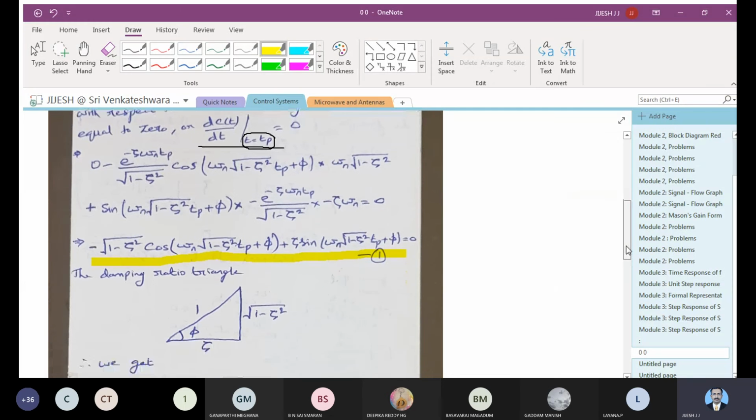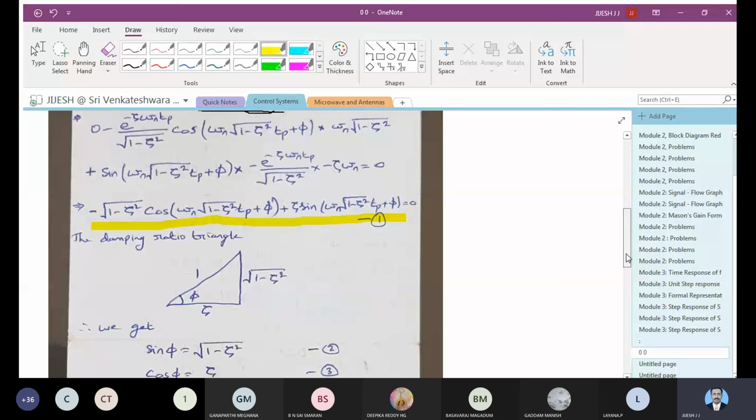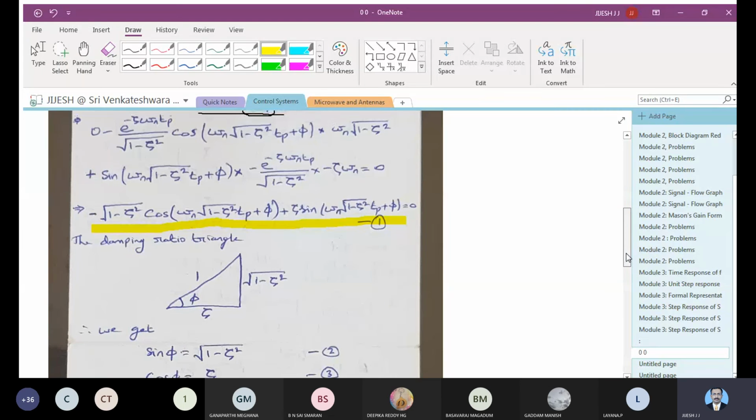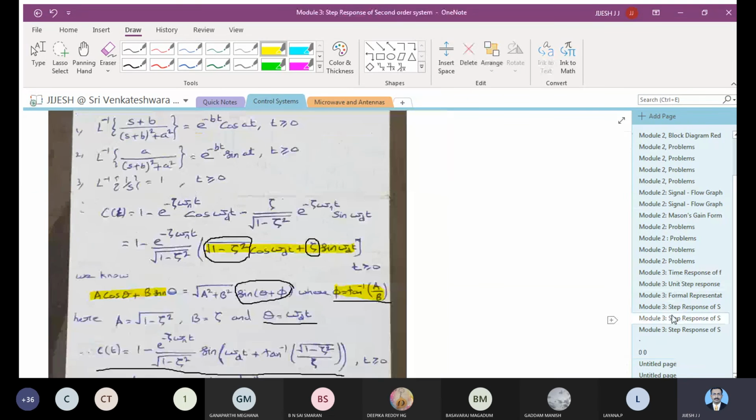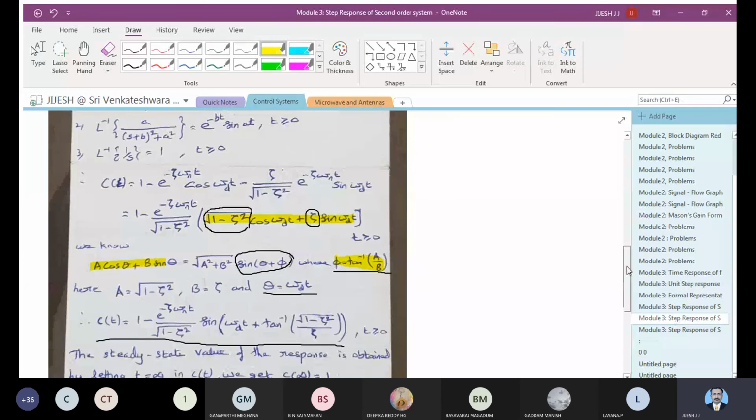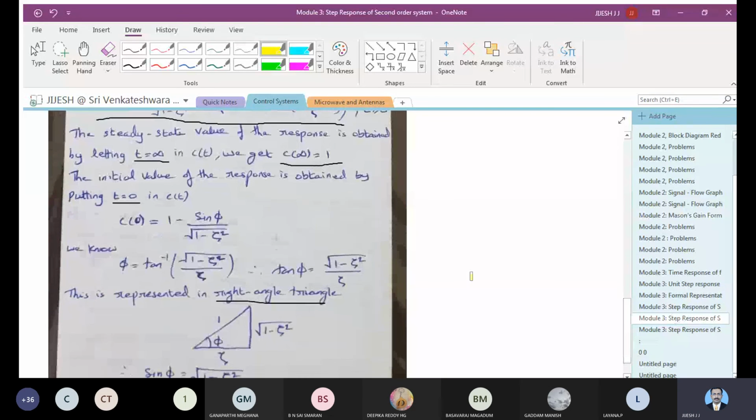So the damping ratio, when you put it in the form of a triangle, you have drawn this triangle before as well in this derivation for the second order system. That is zeta, theta, root of 1 minus zeta square and 1.